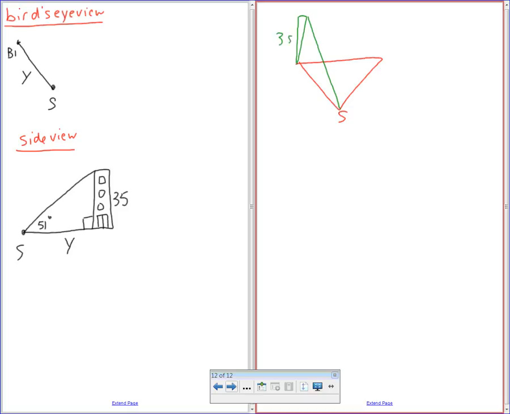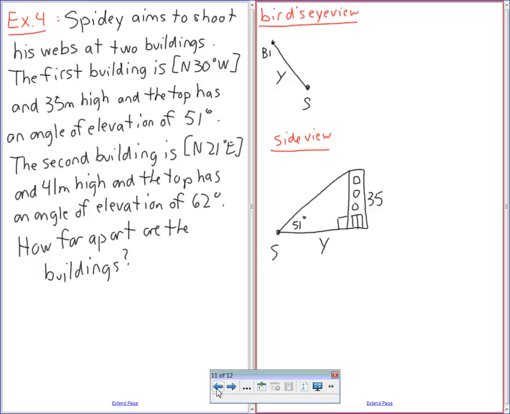There is 51 degrees. There's your right angle. The side that's connected to the bottom triangle is going to be Y, because that's the top of the side. What did you do with the north and west? Nothing yet.